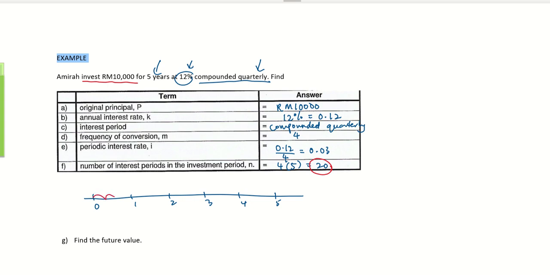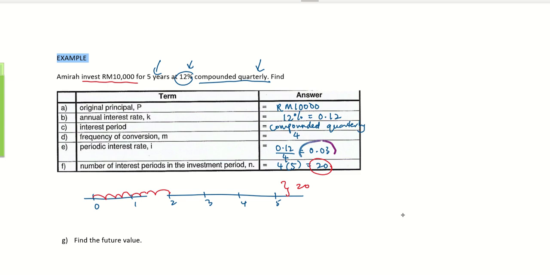For 5 years, the interest is calculated 4 times each year, so the total here is 20 times. It means the interest is calculated 20 times throughout the investment period.